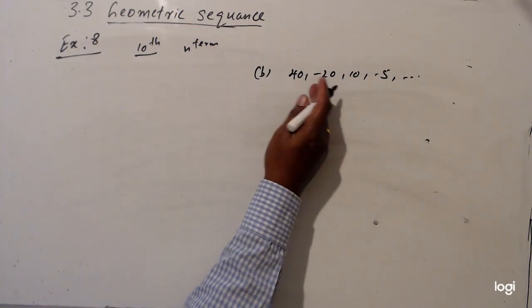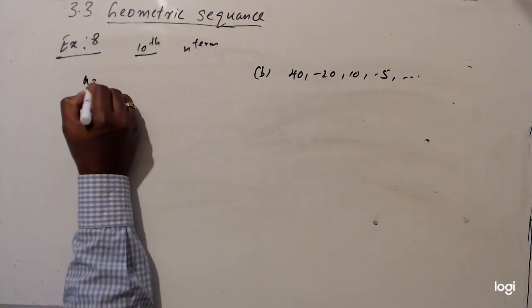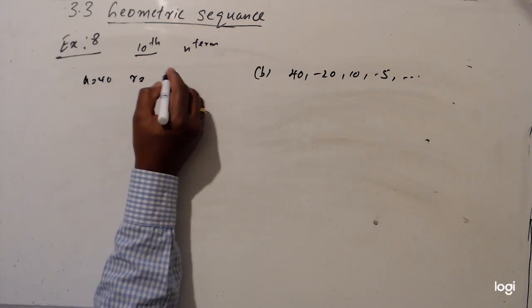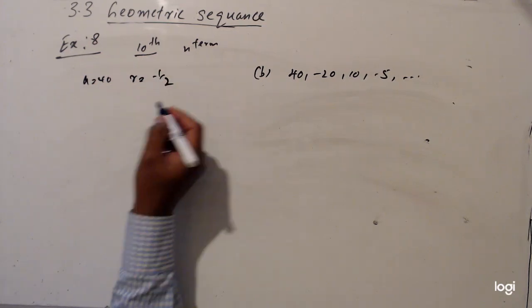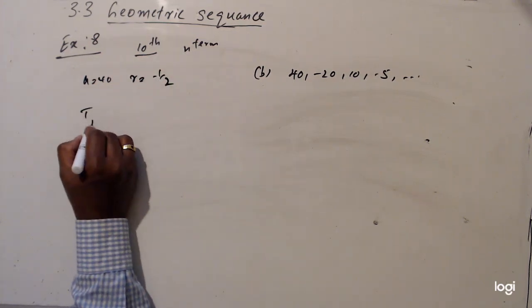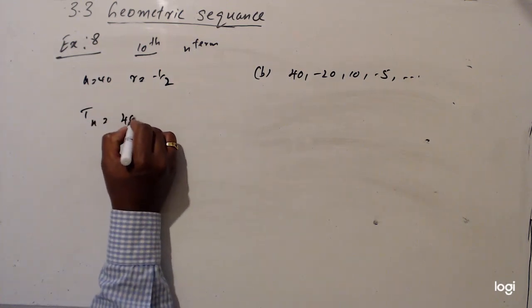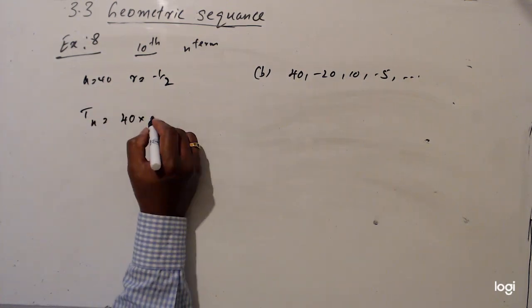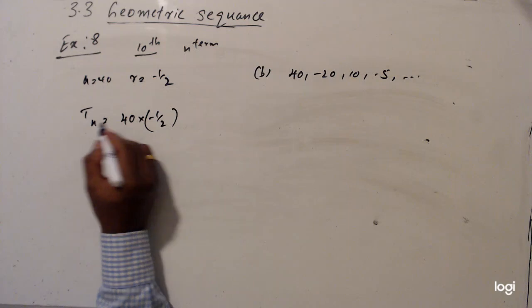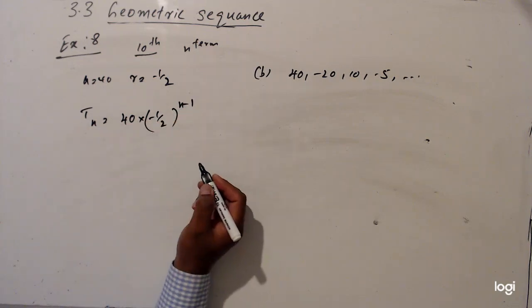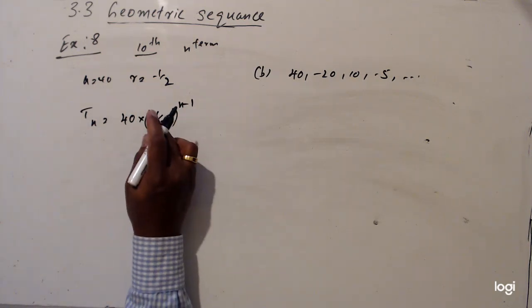Let's write the nth term for this one. So a is 40 and the common ratio is minus half, and we need the nth term. So we need the first term times the common ratio to the power 1 less than n.